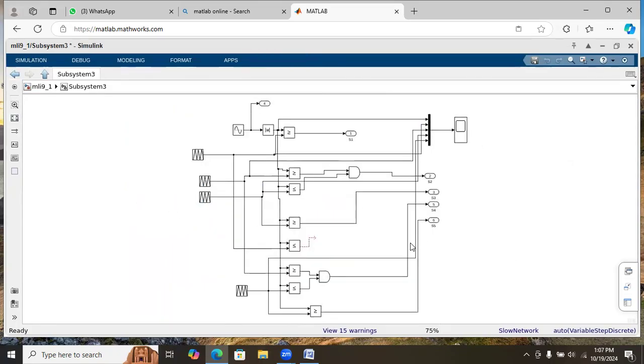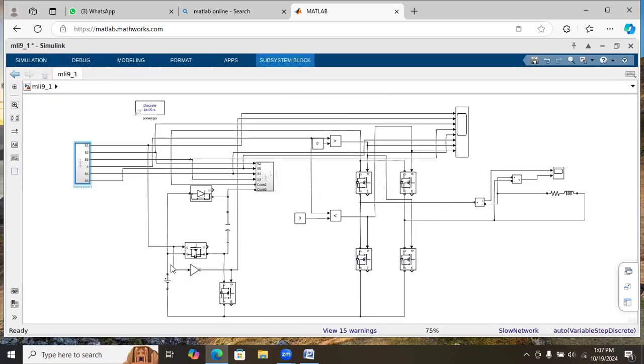The levels will be generated for the positive cycle and negative cycle, both are the same. And from that it is given to the inverter. Here these are the inverter pulses, and the output of these pulses will be provided to the respective switches.